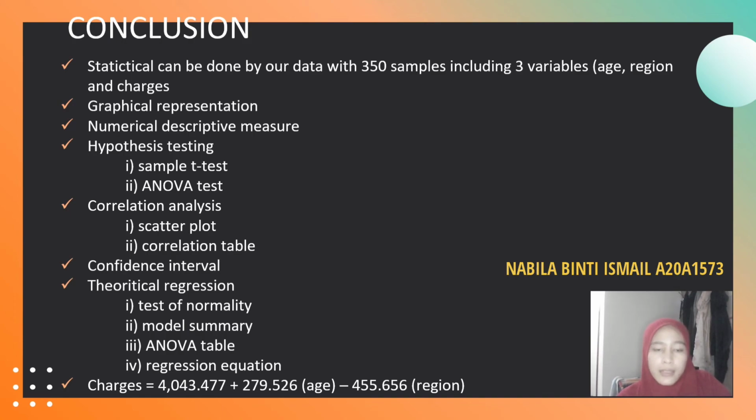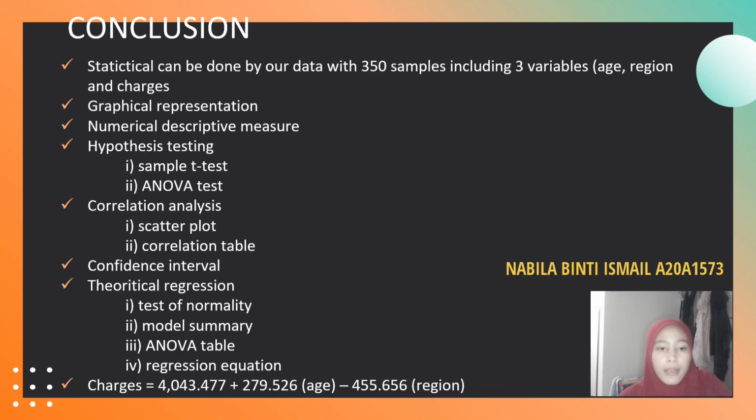Besides, we constructed a regression model of multiple linear regression. By referring to the model summary from the SPSS output, we conclude that 10.3% of the variance in charges can be explained by age and region. From the ANOVA table, we conclude that we can use at least one of the variables, age and region, to model charges because the p-value is less than 0.01.